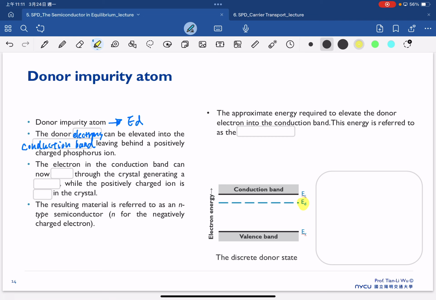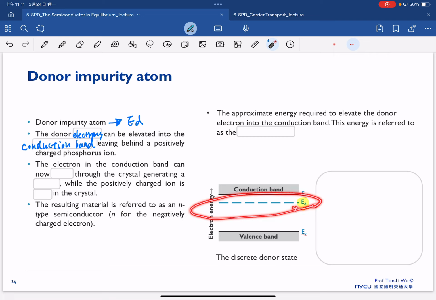So now we dope something, and in our understanding of quantum theory, when we consider the semiconductor in quantum mechanics, everything in the end will become discrete energy levels. So therefore, we put this discrete energy level to describe these donor impurity atoms here.